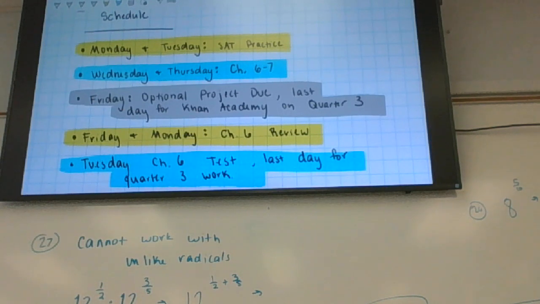Khan Academy says if you spend 20 hours in their SAT test prep, on average, your SAT score goes up 115 points. It's a lot of points. 20 hours on their SAT test prep is a lot. It's hard to spend 20 hours on Khan Academy. It's not easy.